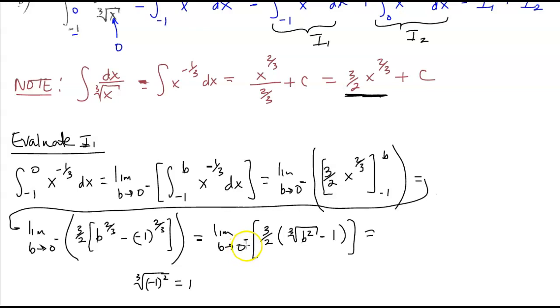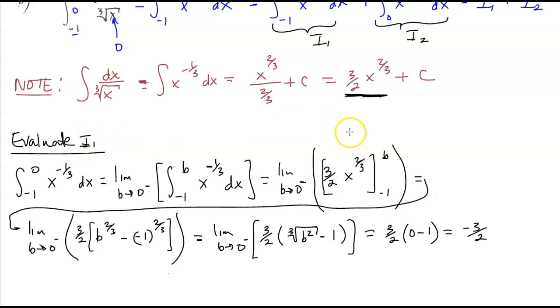And of course, if we just plug in 0 here for b, whenever we evaluate the limit, then what we're going to see is that we have 3/2 times 0 minus 1, which will give us a minus 3/2 here. All right, so that is what our improper integral I1 will end up being.